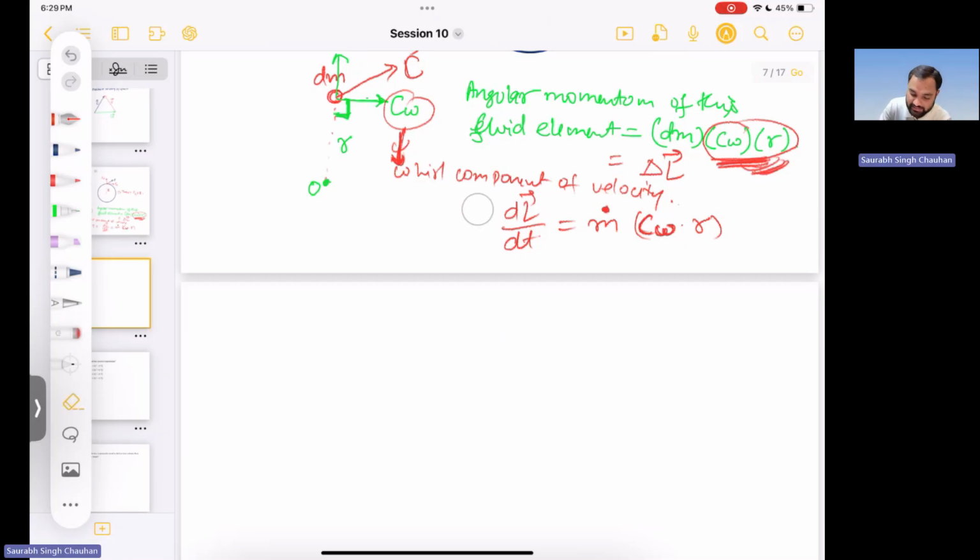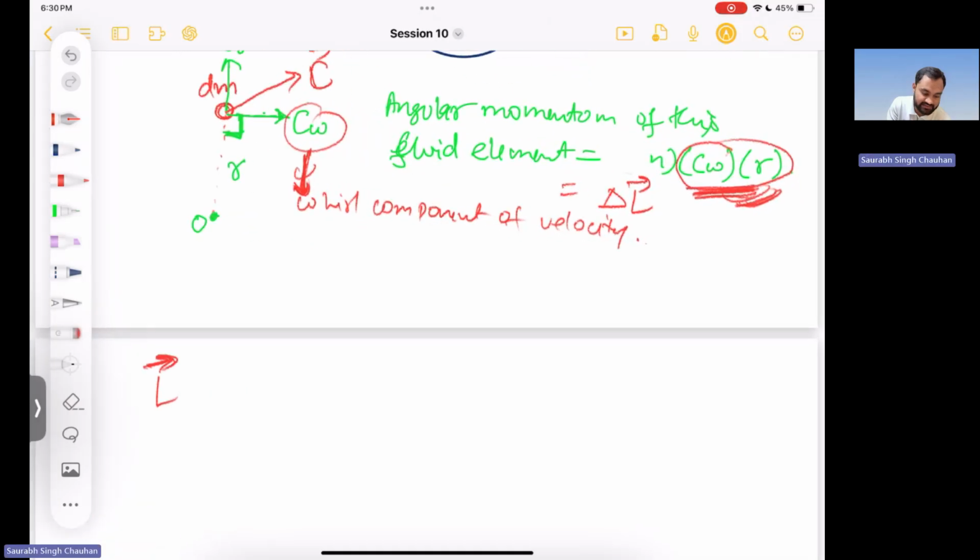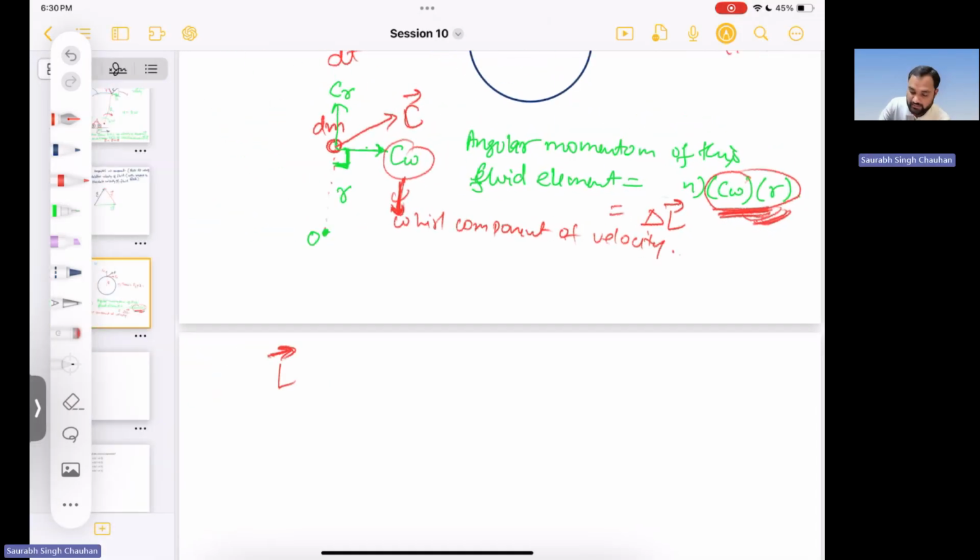I will write it again. Instead of d, I will use del, so that there is no confusion with the differential operator d. Let's say del m.